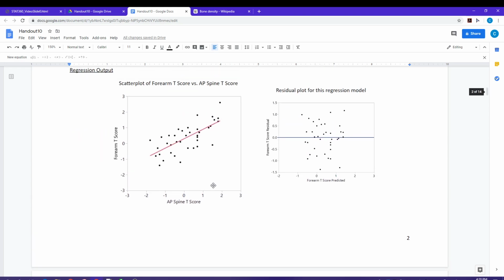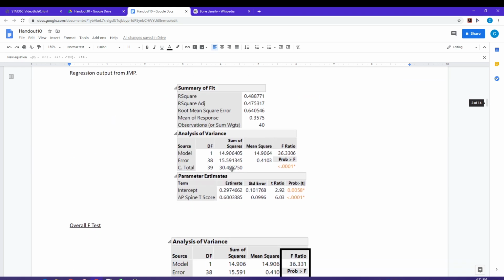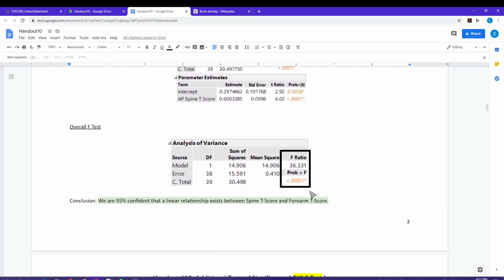In other words, it's relevant or important to consider the relationship between spine and forearm T-score on this graph. That line there is not going to be flat, is essentially what that's saying. Not just for this data, but if I were to go get another set of data and look at that line, I'm 95% confident that that line is not going to be flat. That's what that test is telling me there.